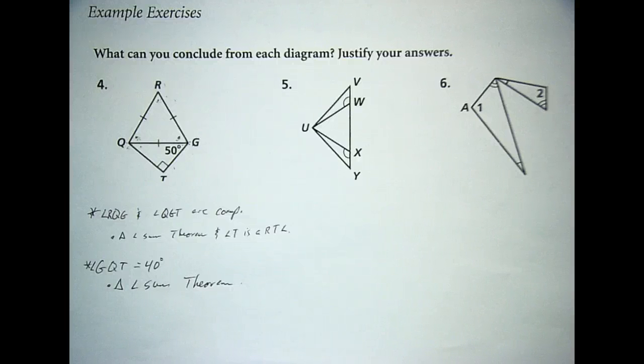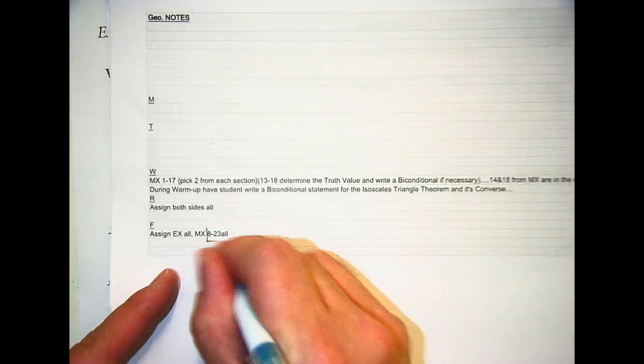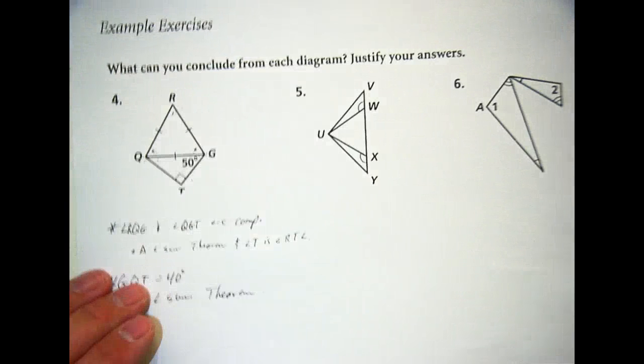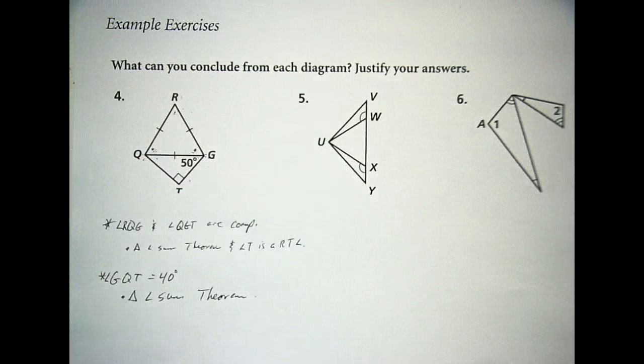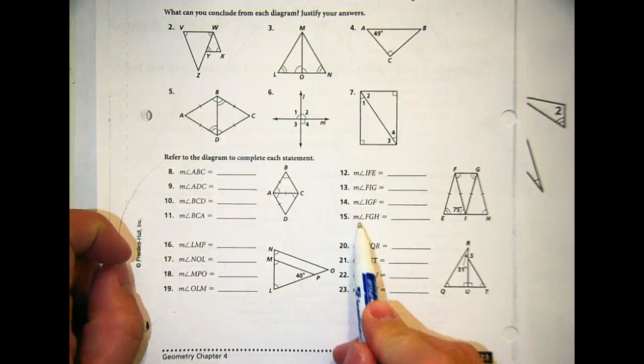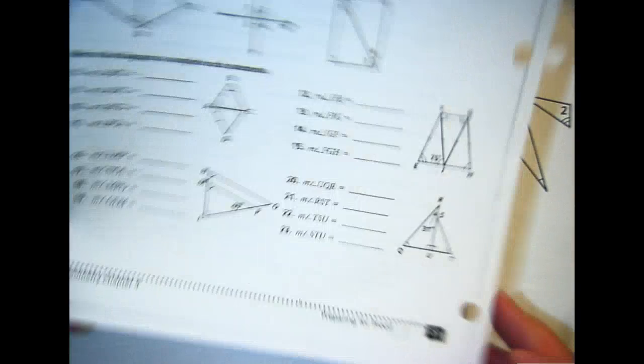Hey guys, hold on one second. Let me finish giving the assignment real quick. Example side, you also need to do 8 through 23 on the mixed side. Those are more just labeling sides or measurements. So on this side, this says give me the actual angle measurement. That's what that M means.